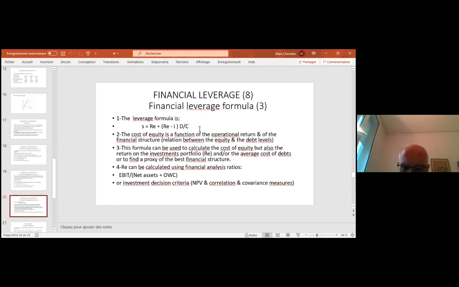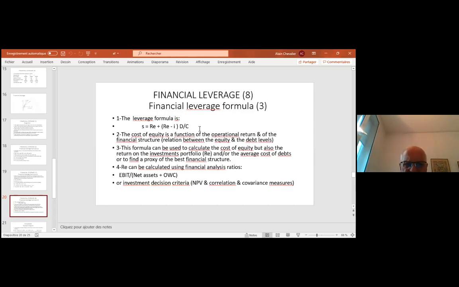or using investment decision criteria, NPV, and taking into account, be very careful because it's NPV per investment, but taking into account the correlations, the covariance measures, using the approaches we use in portfolio management.